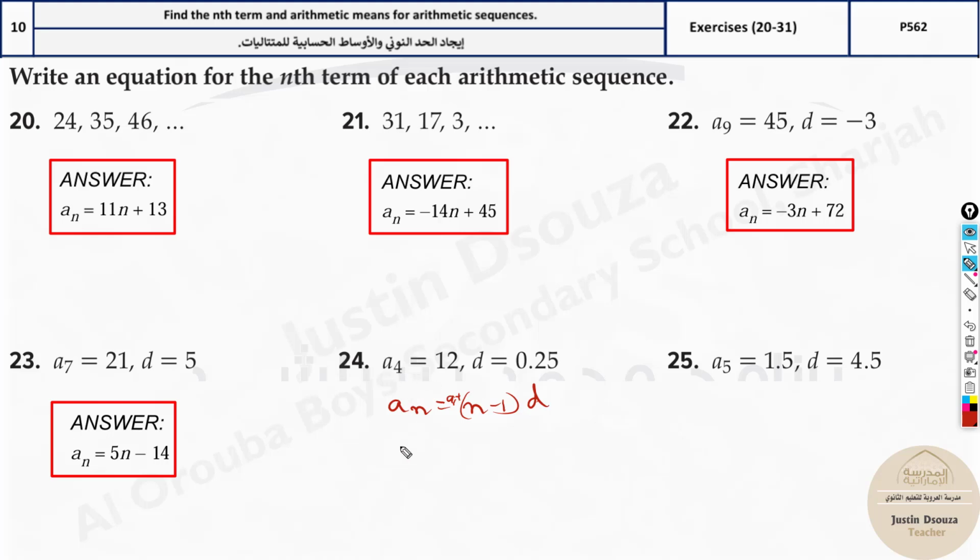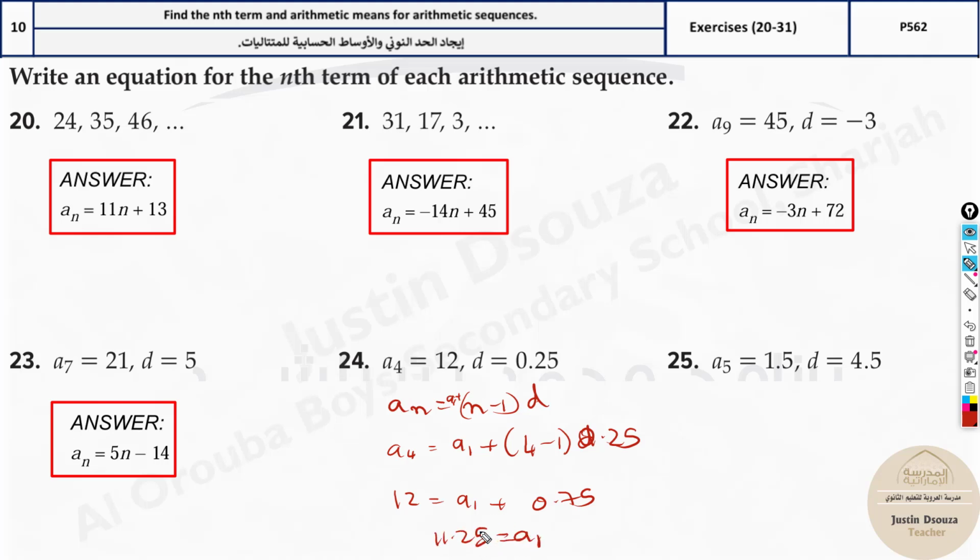You have a4 equal to a1, unknown, plus n is 4, so 4 minus 1 times d, which is 0.25. So a4 is 12, equal to a1 plus 3 times 0.25, which is 0.75. Take this to the other side: 12 minus 0.75, 11.25, is a1.